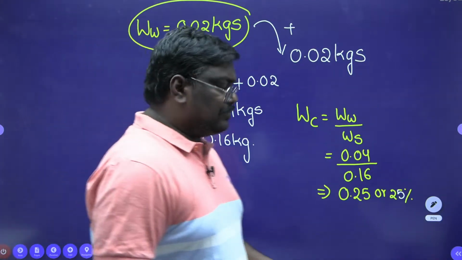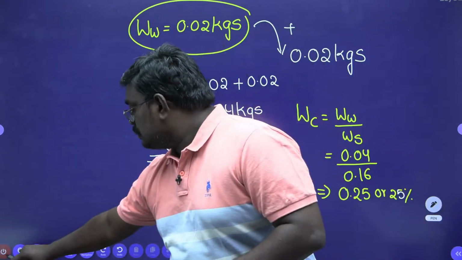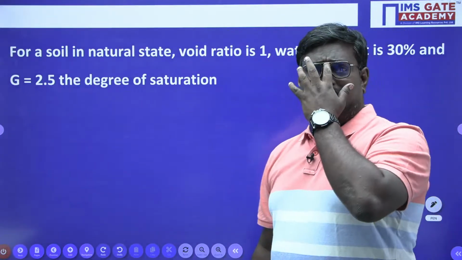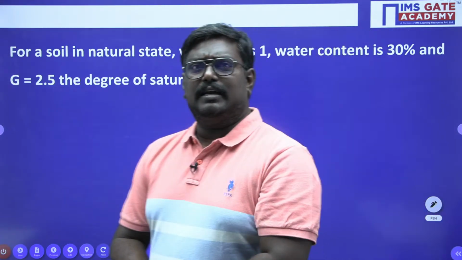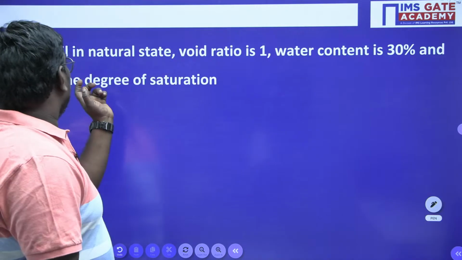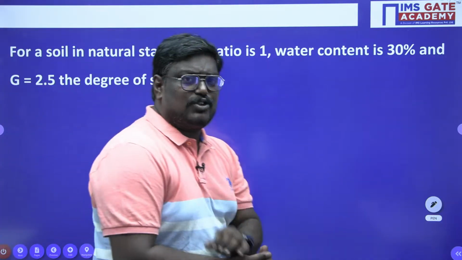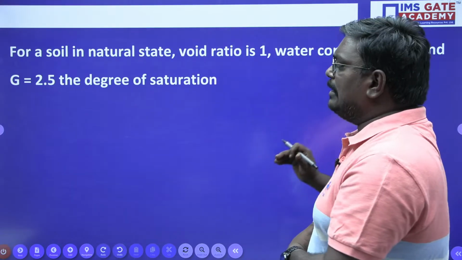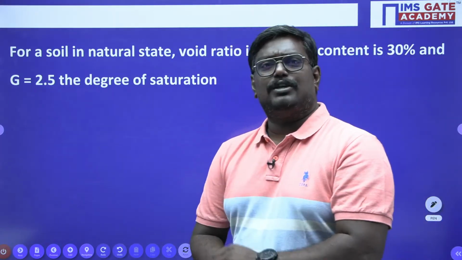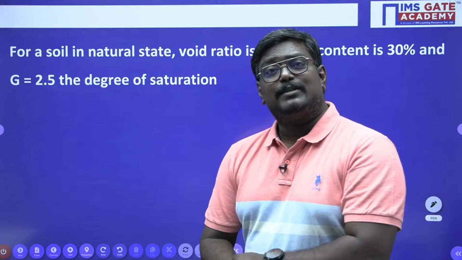Hello students, welcome back. Now see, I hope you are clear with the previous problem. So let us see the next question here. The question here is, for a soil in a natural state, the void ratio is 1, water content is 30 percentile, specific gravity is 2.5.